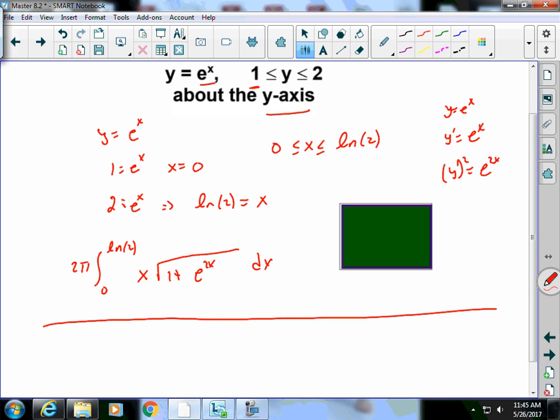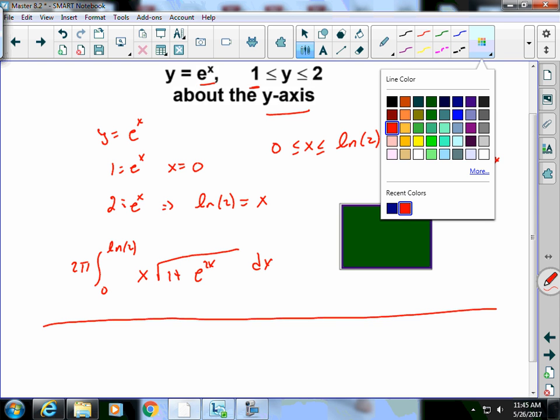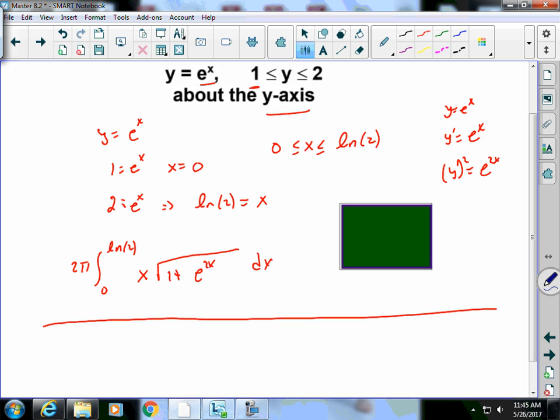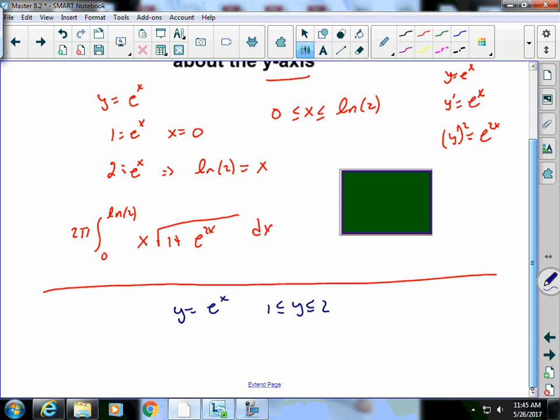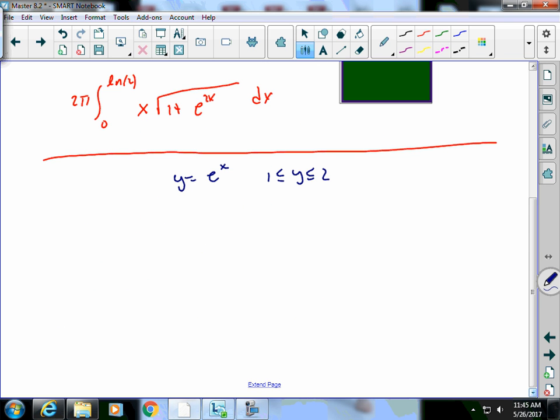Now, let's change colors. We already had y is equal to e to the x, 1 is less than or equal to y is less than or equal to 2. So in this problem, it's the same problem, but I have everything in terms of x, but I'm referencing y's.